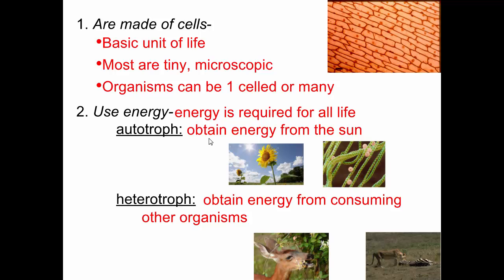Avery? Decaying things. Yeah, it eats dead and decaying organic matter. If you see a mushroom growing out of the ground, in that area there is some dead wood or something that mushroom is decomposing. It's breaking down and obtaining nutrients from it.